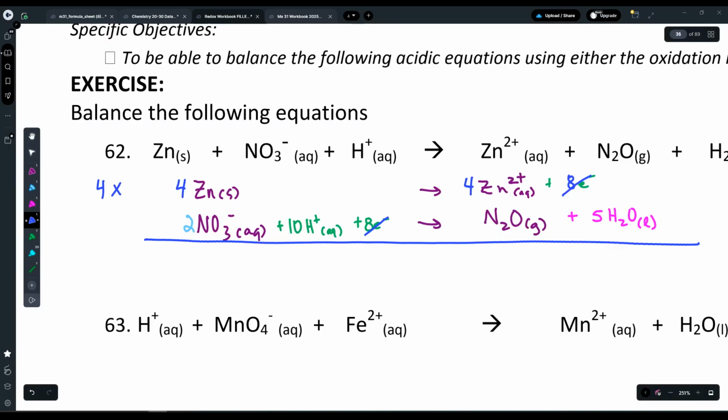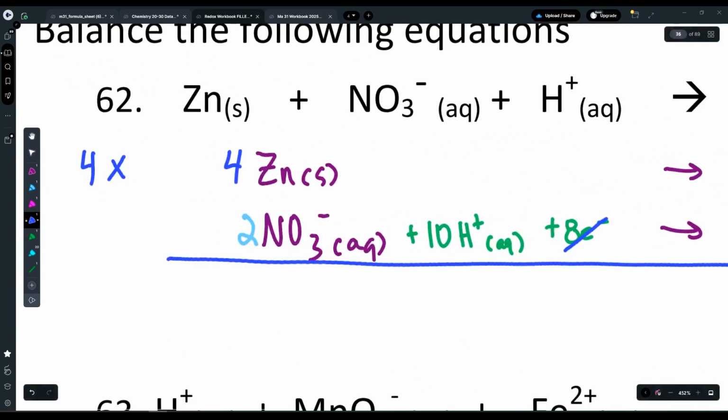Okay, and I'm looking to see if anything else cancels out, but it doesn't look like we have anything else. So that means I can go ahead and write my net reaction.